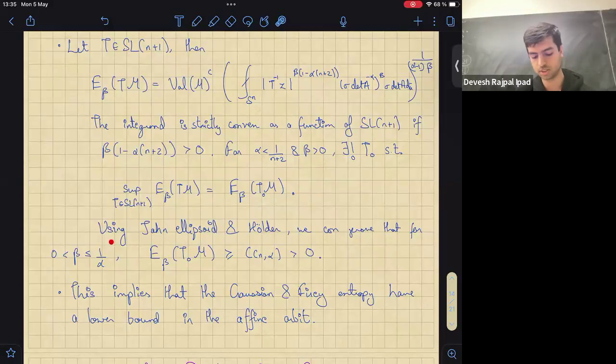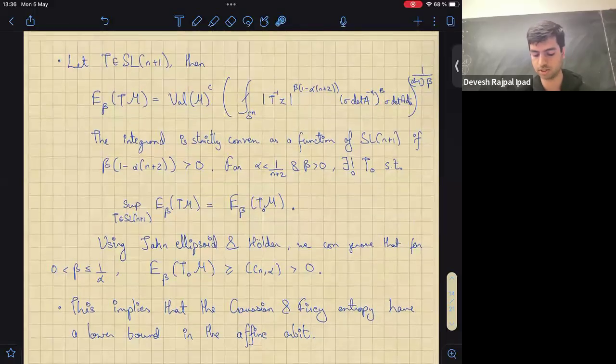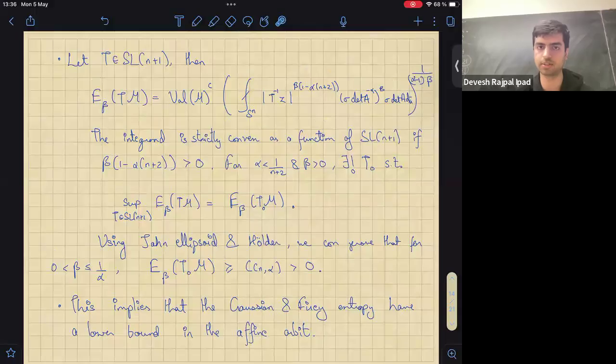And similar to the isoperimetric inequality we considered before, using John ellipsoid and Holder, we can prove that for positive beta, but less than or equal to 1 over alpha, these entropies in the affine orbit have a lower bound. So at the cost of looking at affine orbits and going to supremums there, we do have a lower bound.